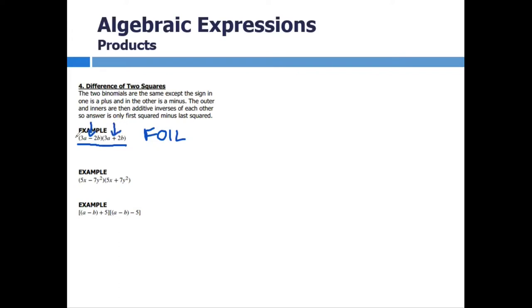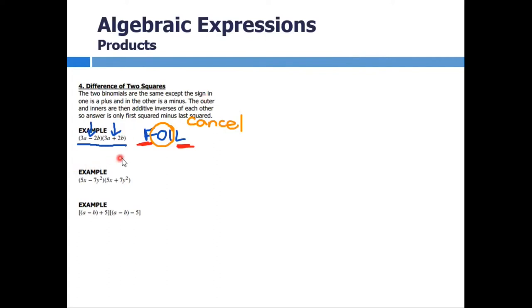If they're exactly the same, the only things you have to worry with the FOIL is the firsts and the lasts. And the reason why is because your outers and inners will always cancel out. Okay. Only when they're the same brackets, one with a plus, one with a minus. Okay, so just be aware of that.